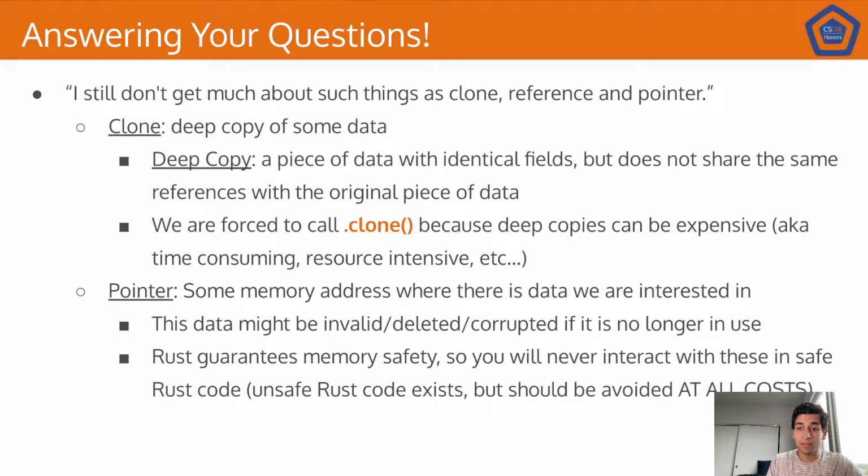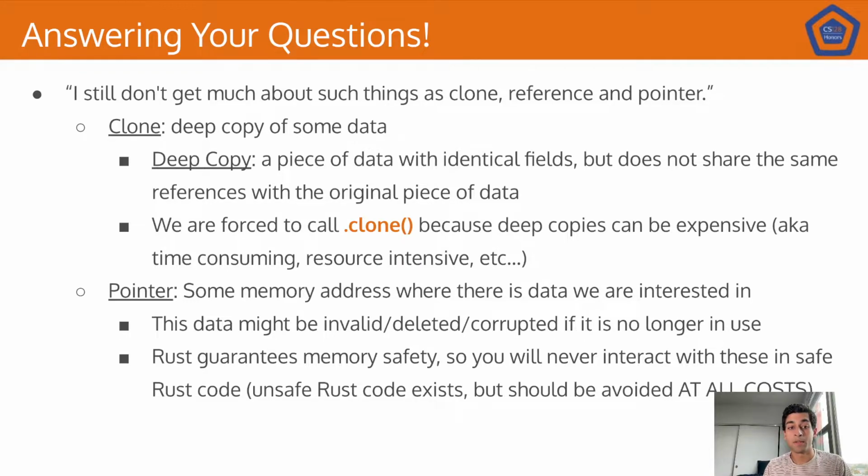Rust guarantees memory safety, so you'll never interact with raw pointers in safe Rust code. So there's this thing called unsafe Rust code, which allows you to do things like manipulate pointers, but you're never really going to be touching this. If you look at the Rust-Lang source code, you can see interacting with pointers in Rust, but we're never going to be doing this.